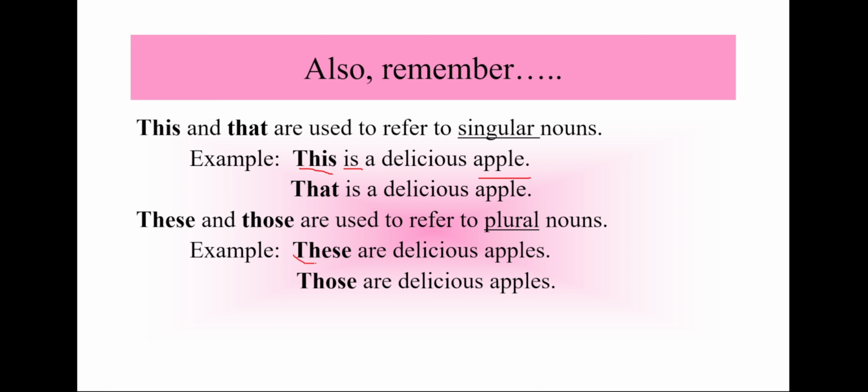Take note: "these" is a plural demonstrative pronoun, "are" is a plural verb, and "delicious apples" is a plural noun. You must add S. And also we have "Those are delicious apples," which is one and the same thing. It's plural.